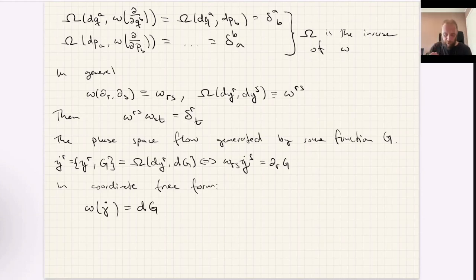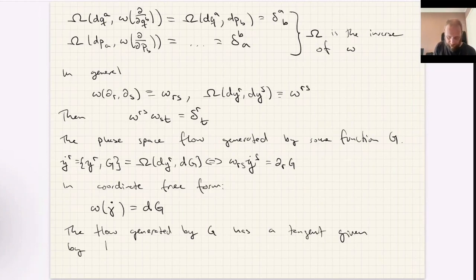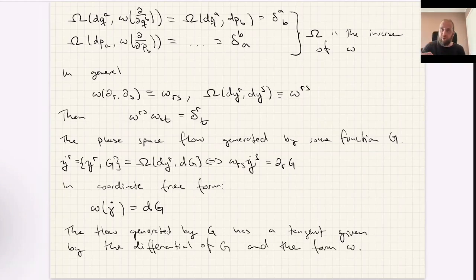So essentially, if you have this g, then the flow generated by g has a tangent given by the differential of g and the form omega. Right, so if you know g and you know omega, then you can write down the equation of motion for the flow.